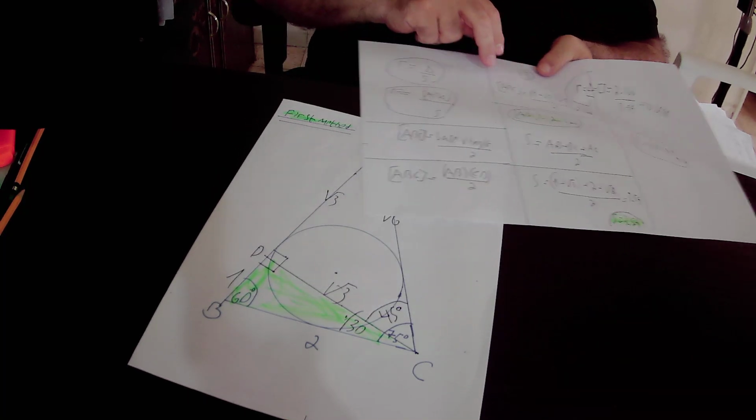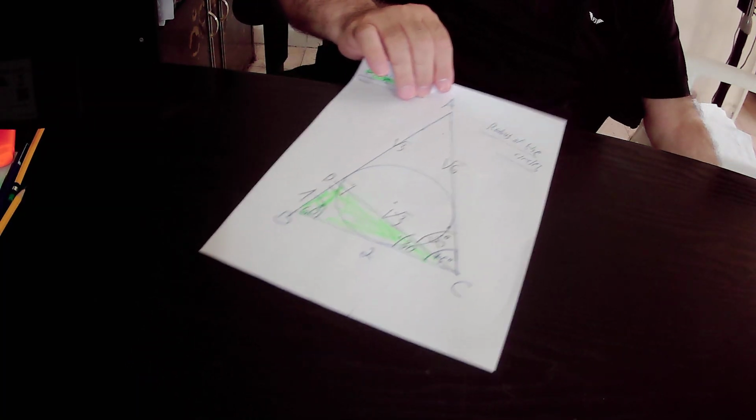We finished with the first method. Then I presented to you how to find the radius of this circle that is described by triangle ABC according to the second method.